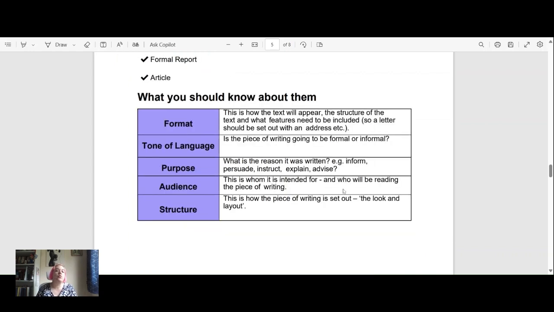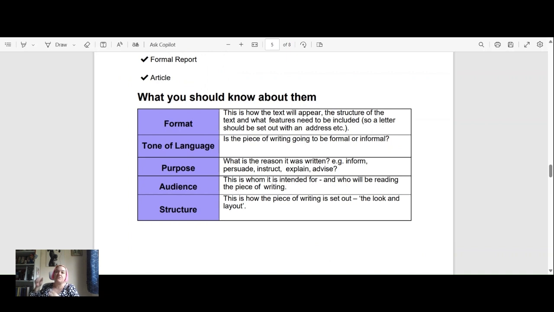Now, what it says here is what we need to know about each one of these. So the format. We've got a few videos already out there, either on the Atom platform or on our YouTube channel, that tell us the format of texts. So this is what it looks like. For example, if we receive a letter in the post and we look at it, before we even read a word, we know that that is a letter from where the information is placed.